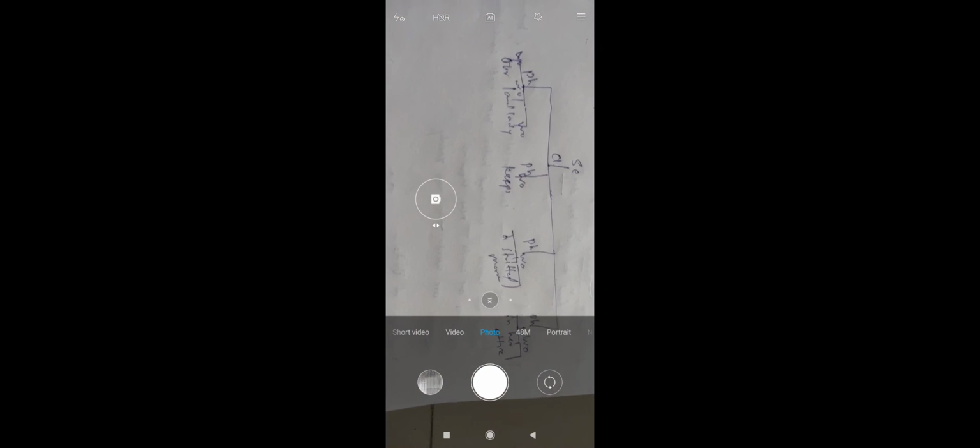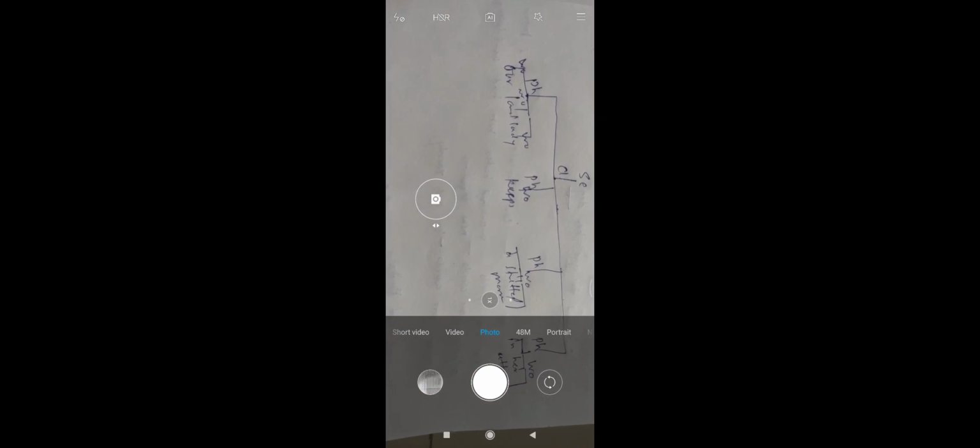In such a way we may put the words here, and in such a way the tree diagram or flow chart may be drawn. If we go through this, we will understand the parts.